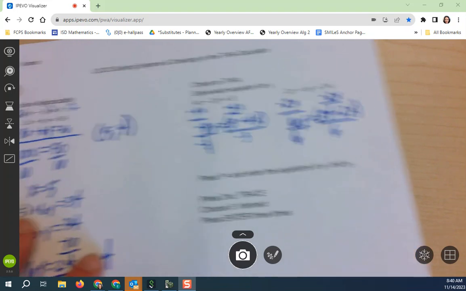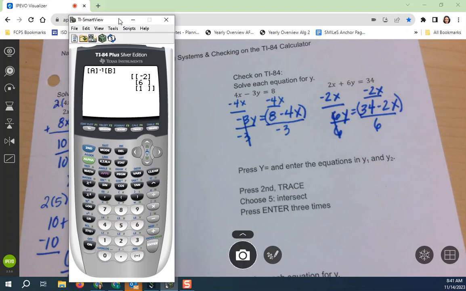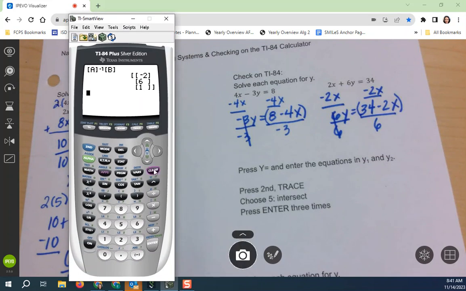So what I'm going to do now is I'm going to get my calculator and I'm going to graph these. So if you haven't yet graphed these, you need to do this. I can press clear, or I can press second quit if I'm on a weird screen. And I need to go to y equals up here and clear out anything that's already in there. In the y1, I'm going to put this one with the parentheses. Parentheses are above the 8 and 9.